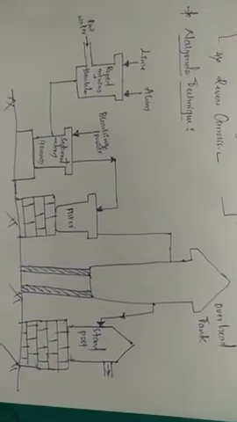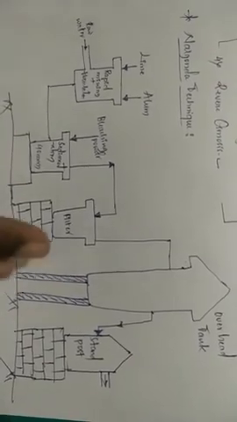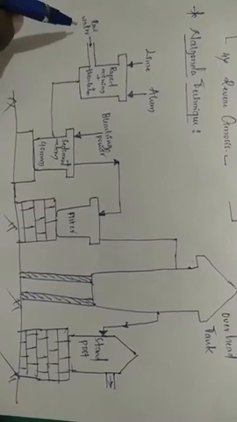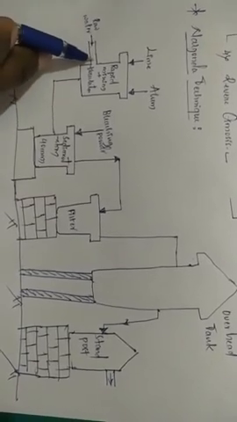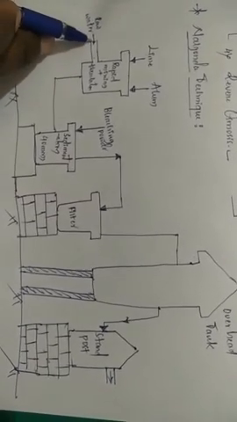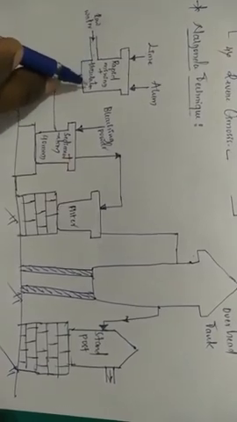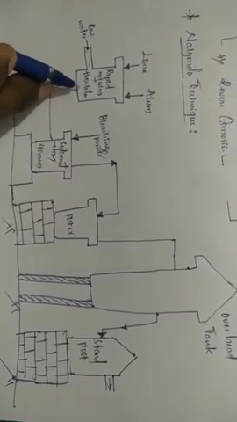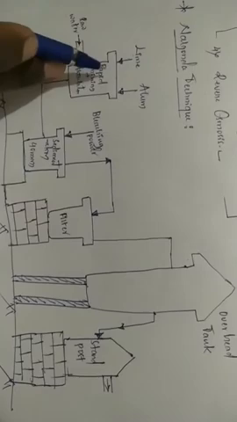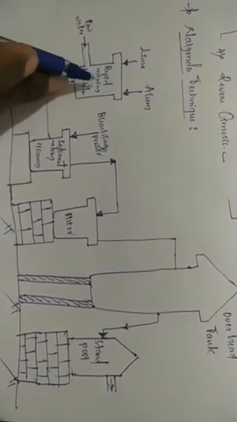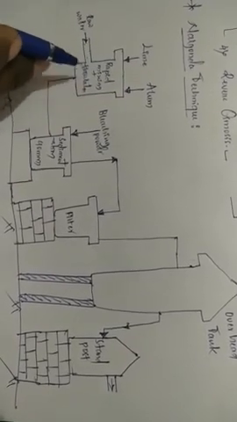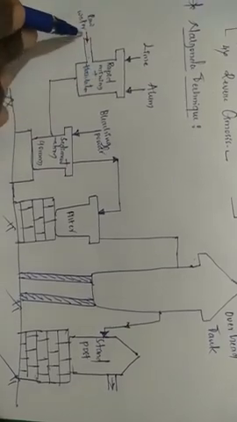This is the arrangement for the removal of fluoride, and this method is called the Nalgonda technique. Raw water enters from one side, this is called the inlet, and it enters into the rapid mixing or flocculation chamber. In this chamber, lime and alum are added continuously and mixed with the raw water.